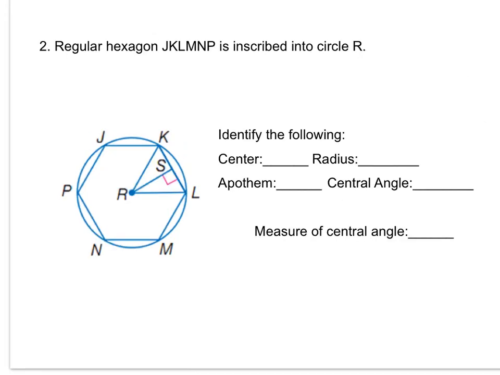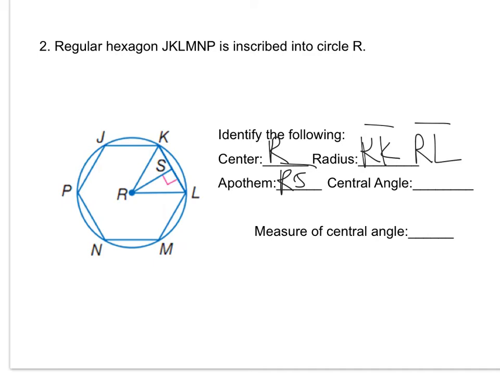Now if I take a look at the regular hexagon inscribed in the circle R, what's my center? R. The radius is either going to be RK or RL. My apothem would be RS.